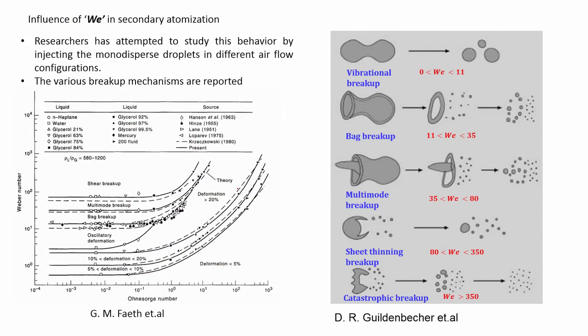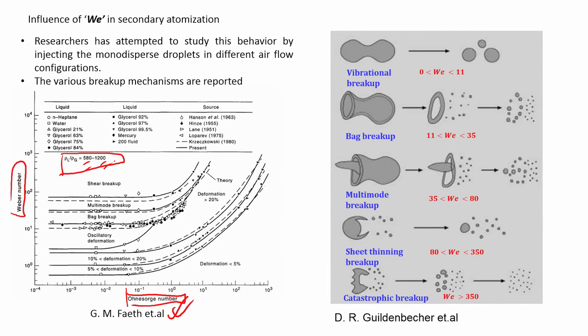Now, the influence of Weber number on secondary atomization has been a well studied problem, and some phenomenally great work has been done. One of the great papers is by Jerry Faith, where he showed what happens if you plot the Weber number versus the Ohnesorge number. Remember, the Ohnesorge number usually starts very low and goes very high, where viscous effects become very important. The density ratio has been maintained between 580 and 1200.